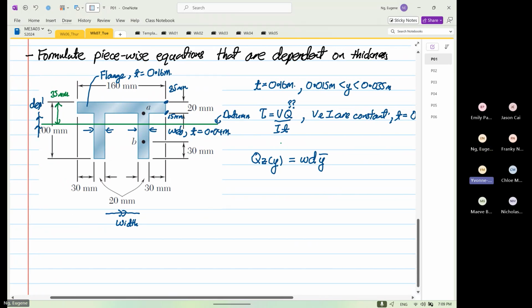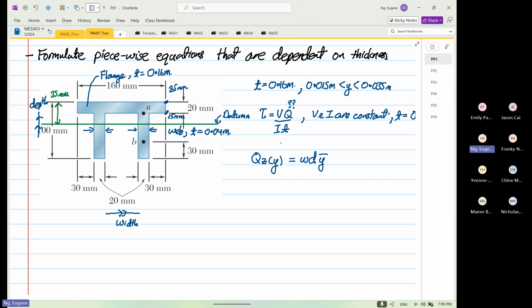I'm sorry, Eugene. Yes. Why did we choose the thickness to be 0.16 and not 20? Because the partitioning is controlled by the thickness. So this thickness over here where I highlight, the thickness is what? 0.16.